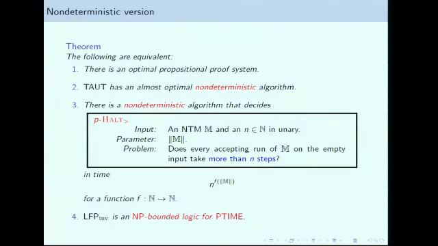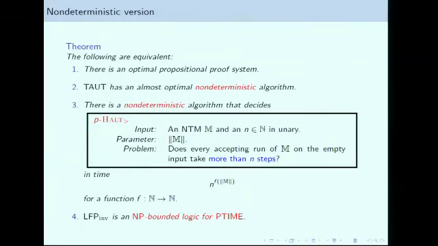For this, we can prove the following equivalence. There is an optimal propositional proof system. Here, we don't require a polynomial-time algorithm to translate every proof in one proof system to your optimal proof system. I only require that there exists a proof in the optimal proof system whose length is not far away from the length of the proof in the proof system I want to simulate.